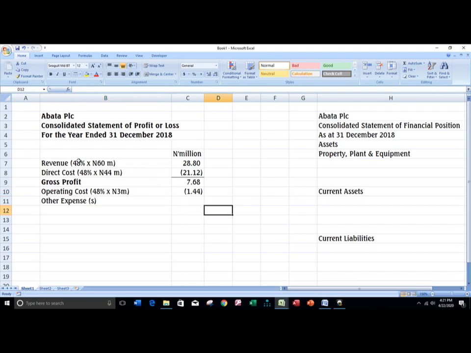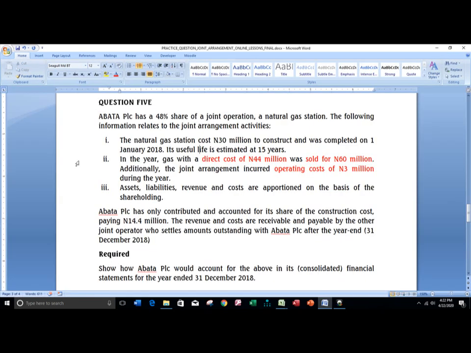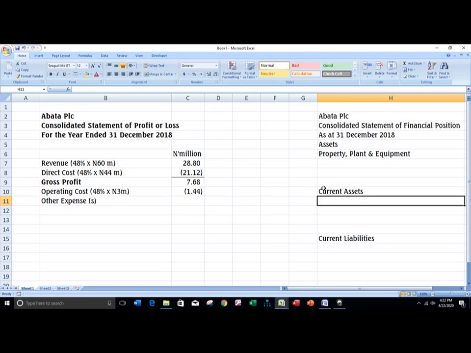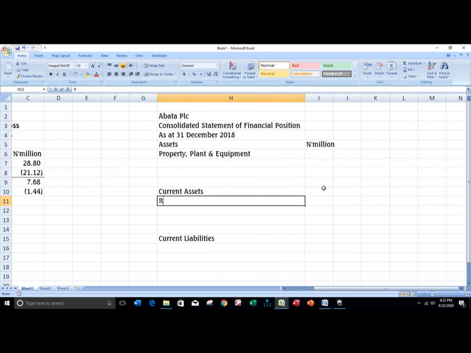So now don't forget that if you look at the concluding part of the question, it said that the revenue and cost are receivable and payable. So this revenue becomes receivable here under current assets. So I'll come here, I'll have receivable.